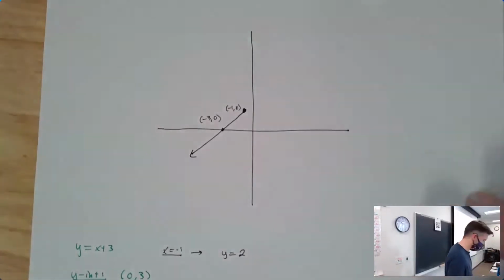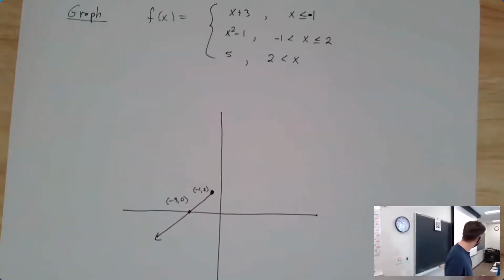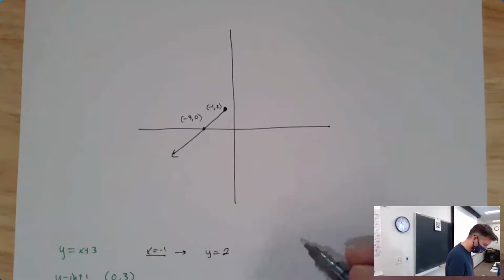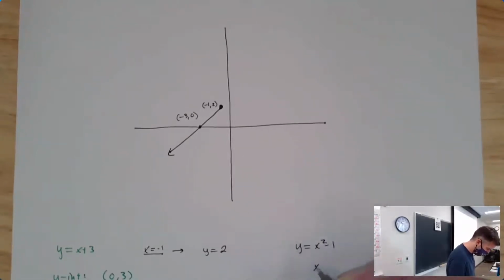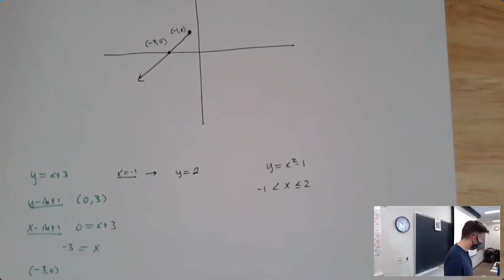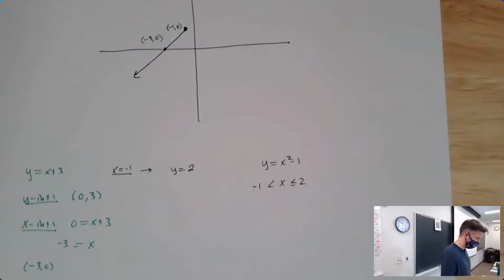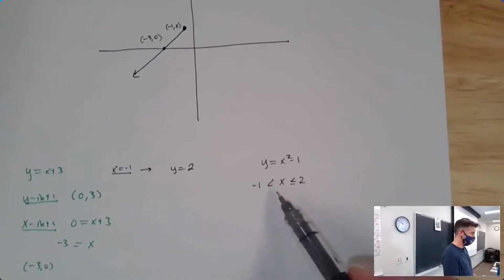Okay, so now the next piece here is x squared minus 1. So we have y equal to x squared minus 1 when x is between -1 and 2. What I would probably do is see what's happening at each of those endpoints. Even though I can't actually get a value of -1, I'm still going to check it out.